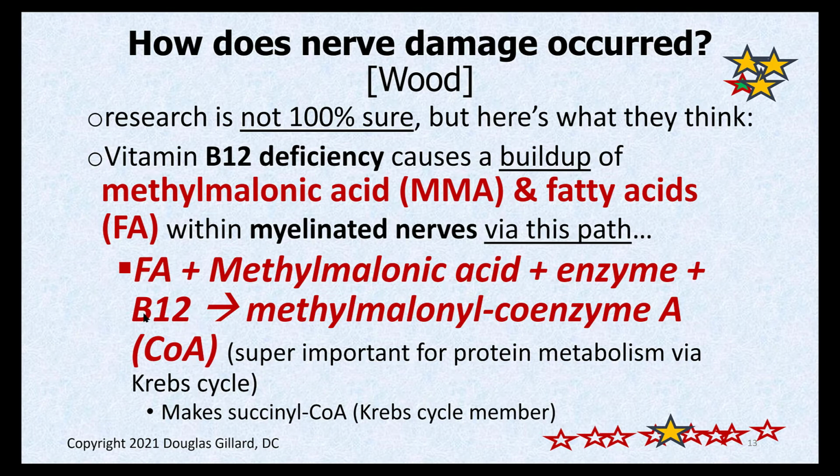But if you cut out vitamin B12, this pathway is blocked. There's a beaver dam right here. And therefore, this will start to build up in the nerve cells and other tissues of the body. So the take-home message is this methylmalonic acid buildup is how we think nerves get damaged in people with pernicious anemia.